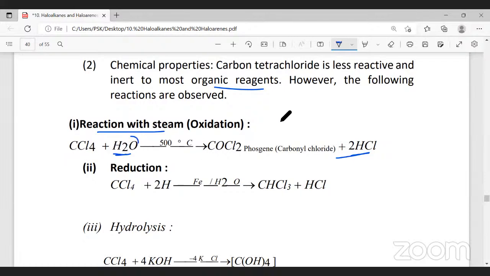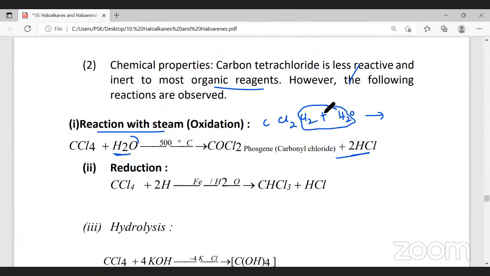We can write this equation for our convenience like this: CCl2Cl2, and when it is allowed to react with steam, H2O, at 500 degrees Celsius, this 2 hydrogen and 2 Cl get eliminated as 2HCl. In place of these 2 chlorine, oxygen goes. So you get COCl2. This is called phosgene. Carbonyl chloride is called phosgene, which is a poisonous gas.